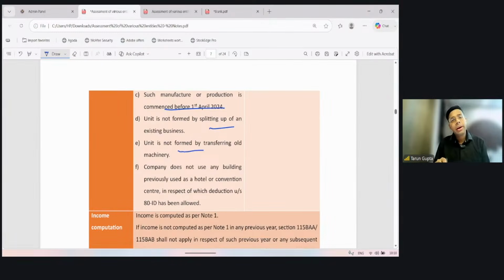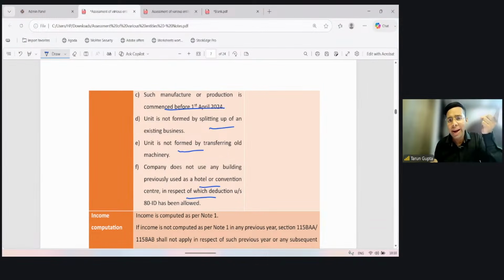Another condition is that the company does not use a building previously used as a hotel in respect of which a deduction under section 80-ID was allowed. So these are the conditions. What are the conditions?